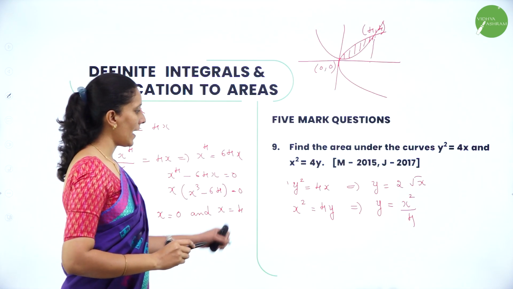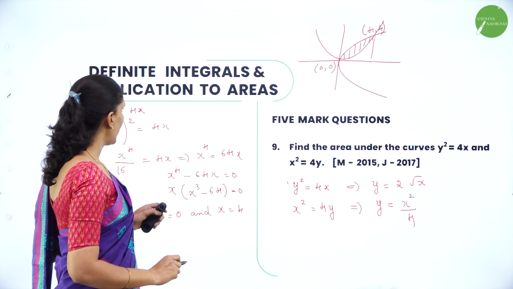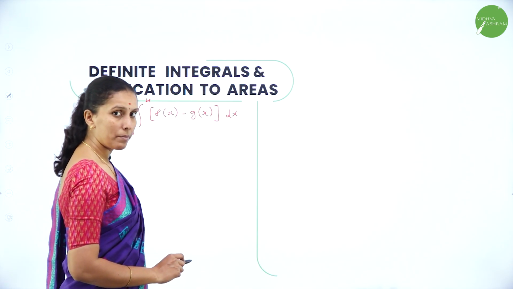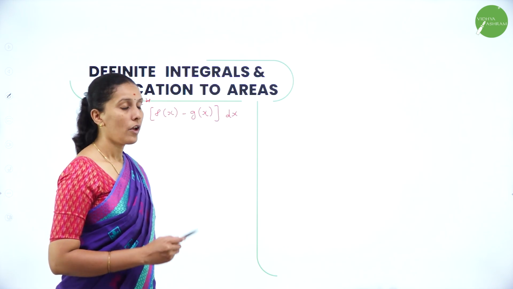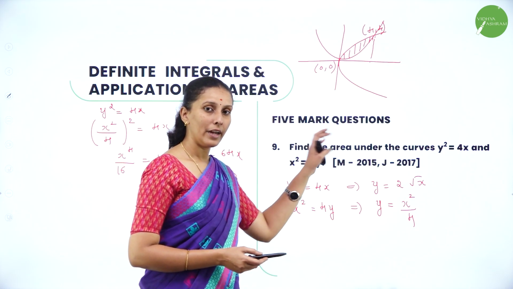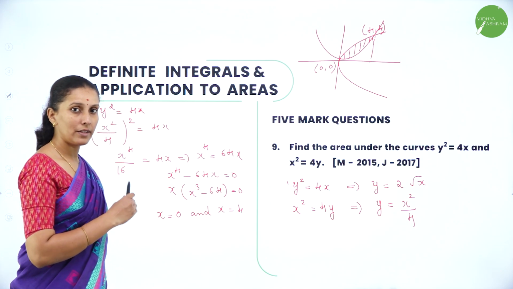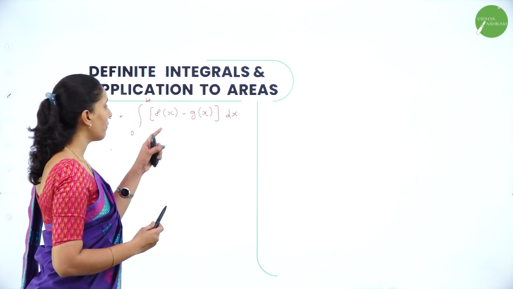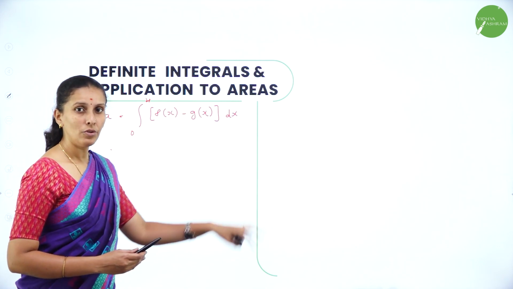If you take the variable in the form of x, we need to take the limits from x is equal to 0 to x is equal to 4, f of x minus g of x. If you are taking the function x in terms of y, then we need to change the limits to y from 0 to 4, and here we need to substitute f of y minus g of y with respect to dy.